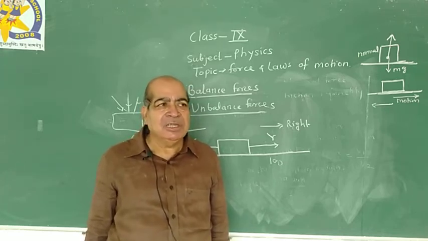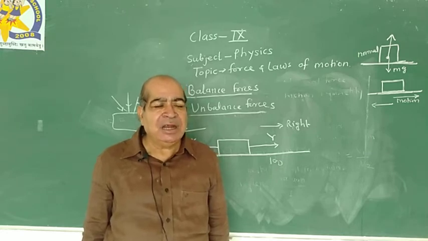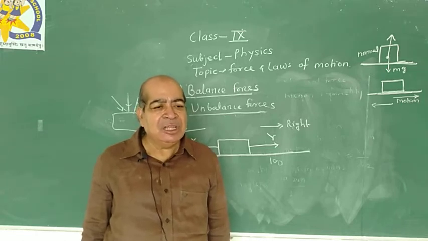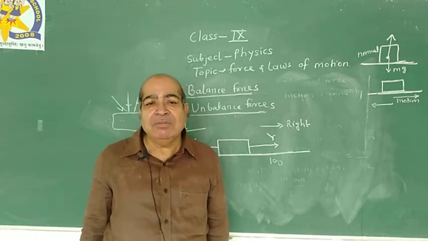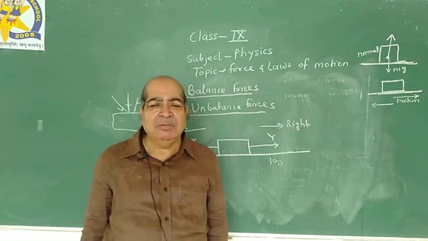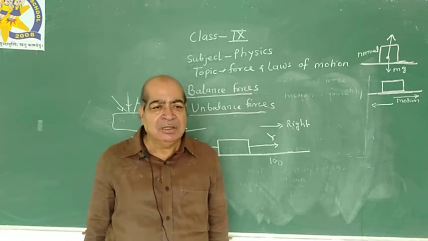And when two or more forces act on the object simultaneously and they change the state of rest or the state of uniform motion of the object, they are called unbalanced forces.